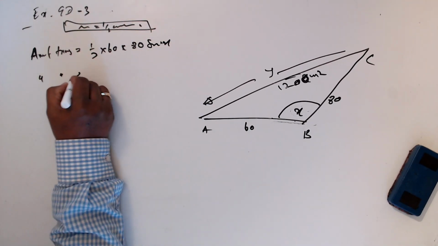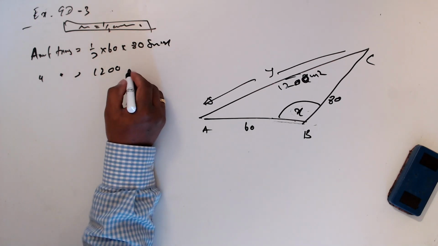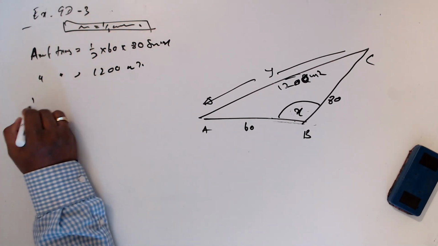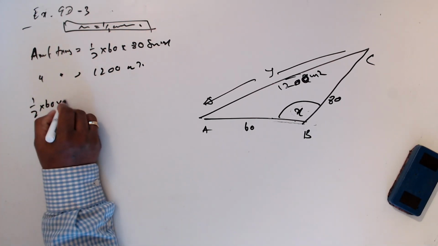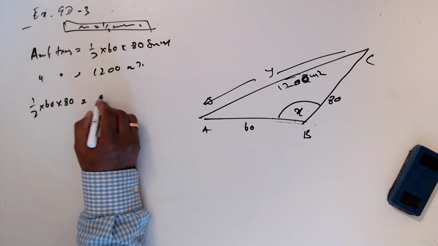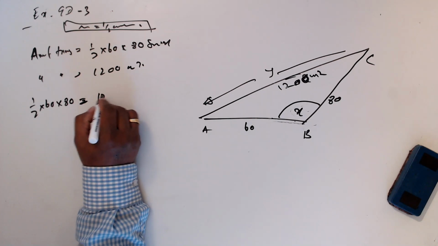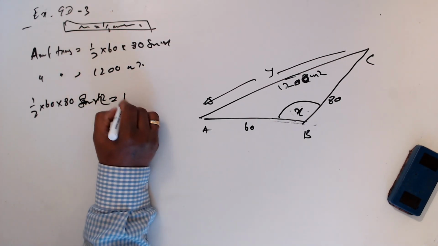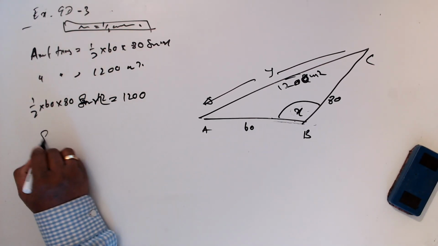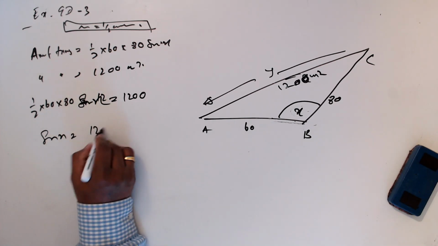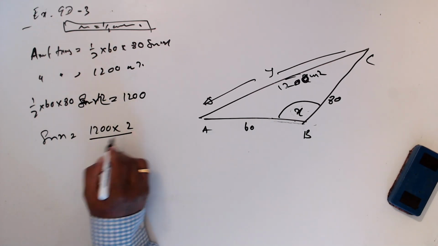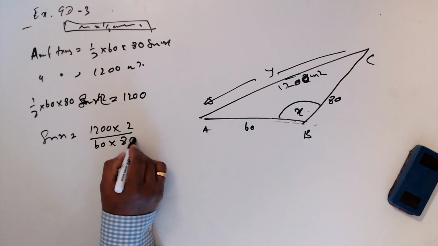Again, the area of the triangle is given as 1200 square meters, hence half times 60 times 80 equals 1000... sine x equals 1200. So sine x equals 1200 times 2 divided by 60 times 80.